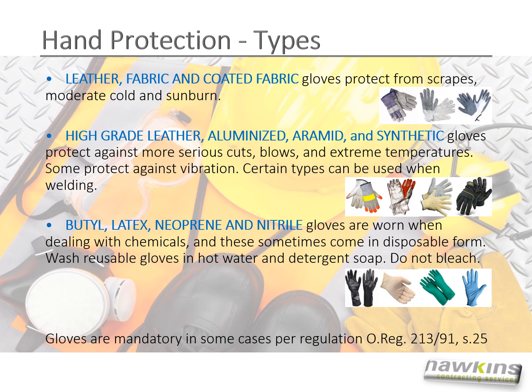Butyl, latex, neoprene, and nitrile gloves are worn when dealing with chemicals, and these sometimes come in disposable form. When not disposable, wash reusable gloves in hot water and detergent, and never use bleach. Gloves are mandatory in some cases, as per Section 25 of the Occupational Health and Safety Act.